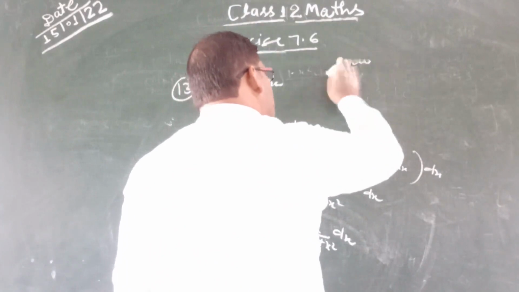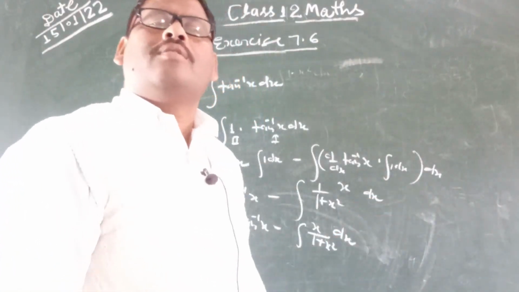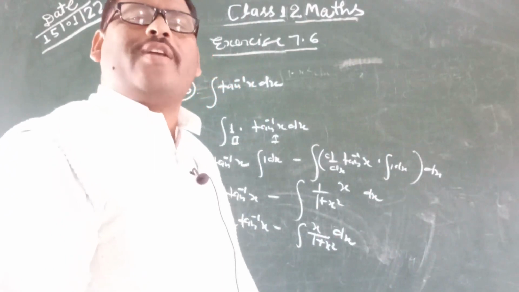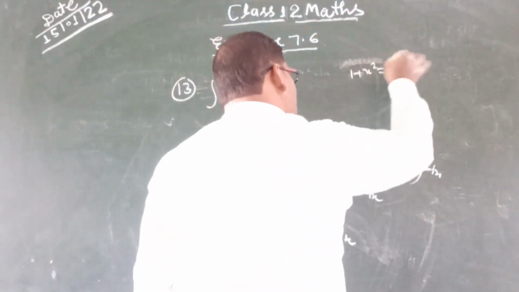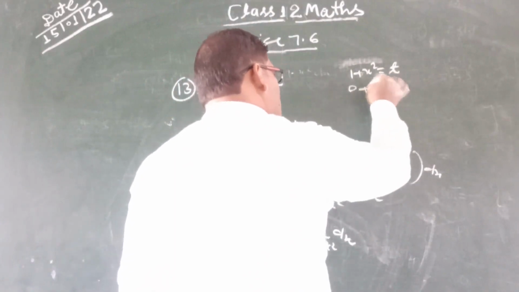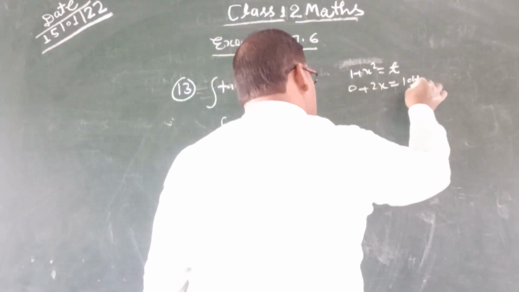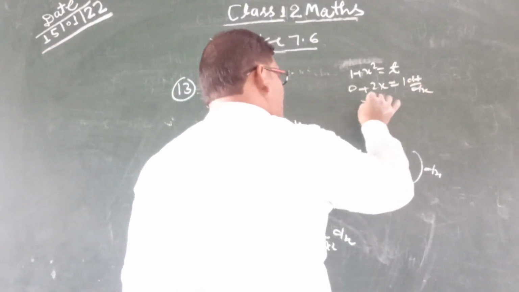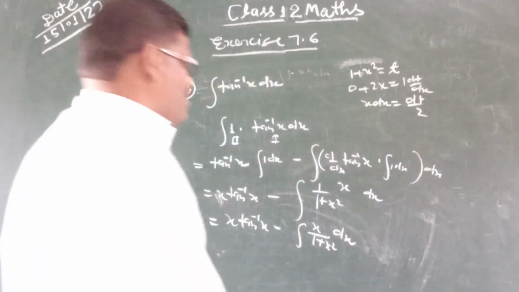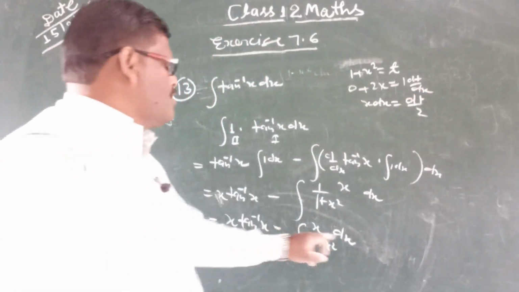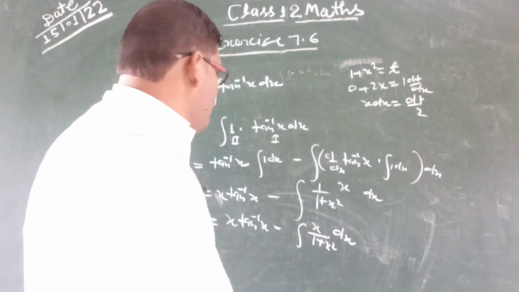Then 2x is equal to dt by dx, which implies that x dx is equal to dt by 2. Now substitute the values of x dx and 1 plus x square, that will be t.